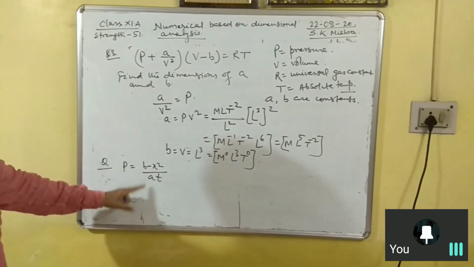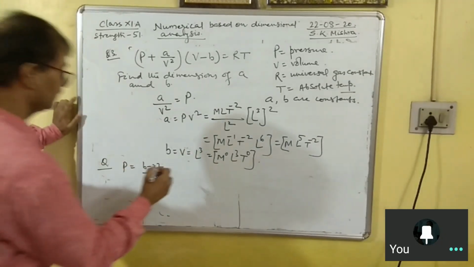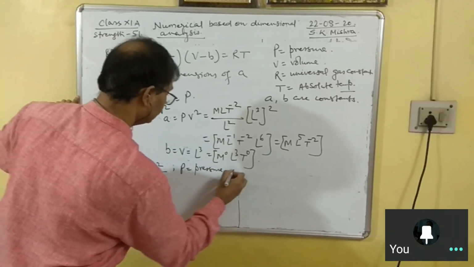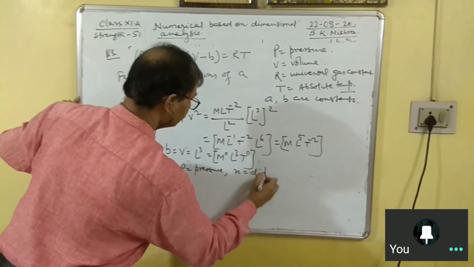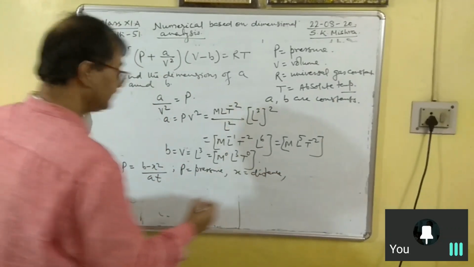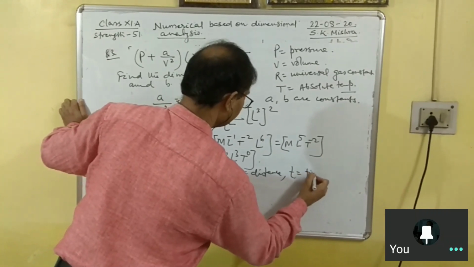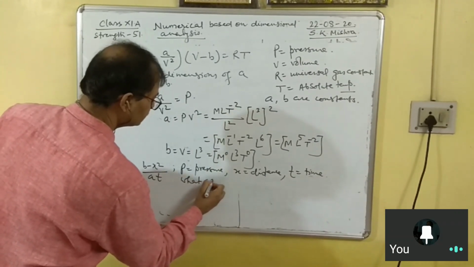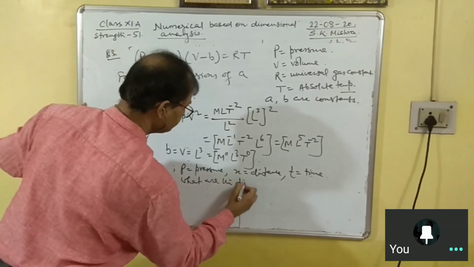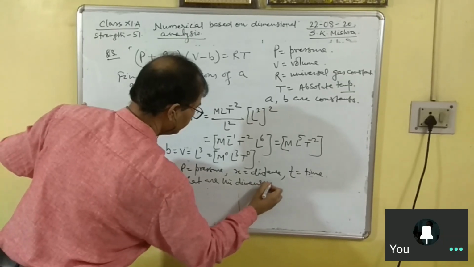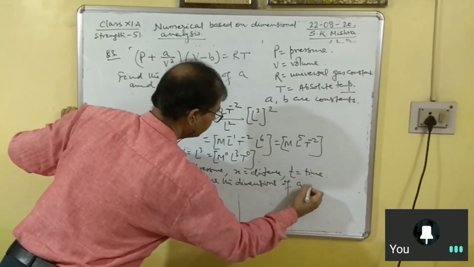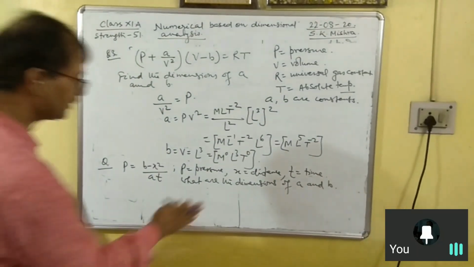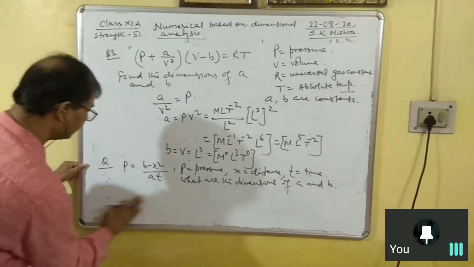Now you have to find the dimension of B and A. A and B are constants. So how will you find the dimension of the physical quantities A and B?